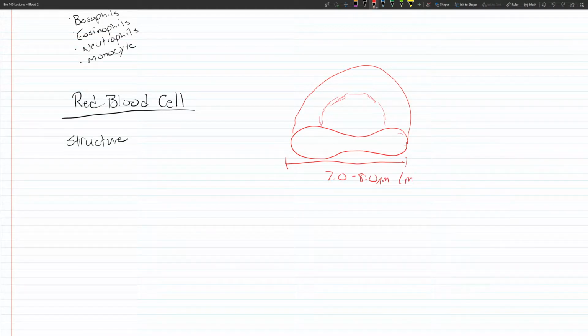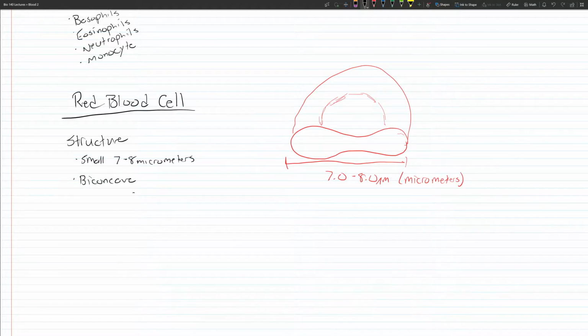That's tiny. So as a general impression, we can say it is small, 7 to 8 micrometers, and it is biconcave.